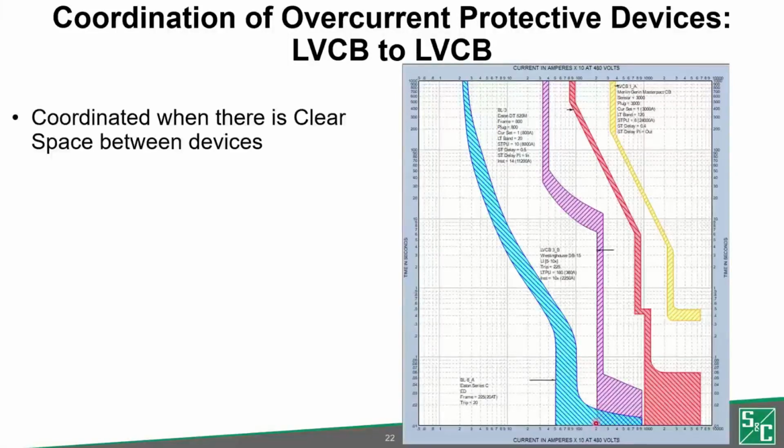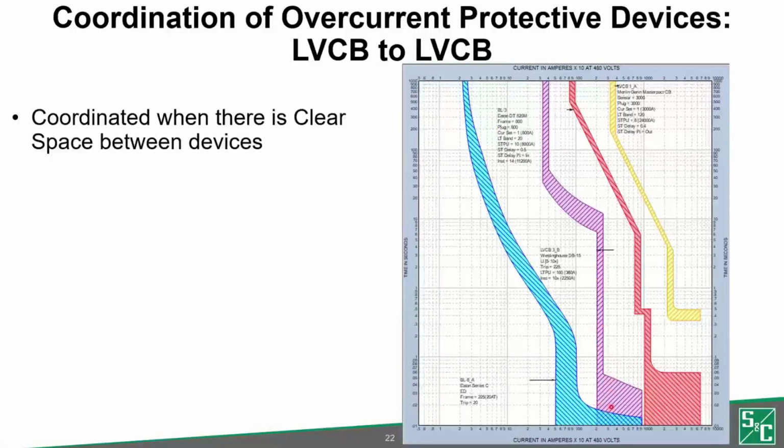Then this portion here is often a problem where we have a smaller feeder breaker. For instance, this is a 20 amp breaker and the upstream one is an 800 amp breaker, which is pretty big, but they overlap in this instantaneous region. Typically, if this breaker was downstream of this, there'd be a slightly lower short circuit current here, so this curve might be cut off a little lower, but there's a chance that if you get a fault downstream of this 20 amp breaker, it could also trip this upstream main breaker.